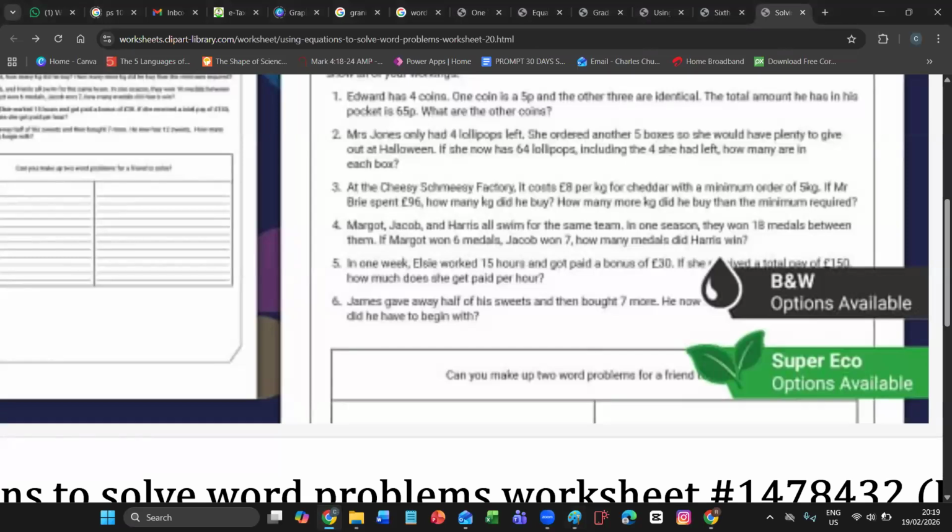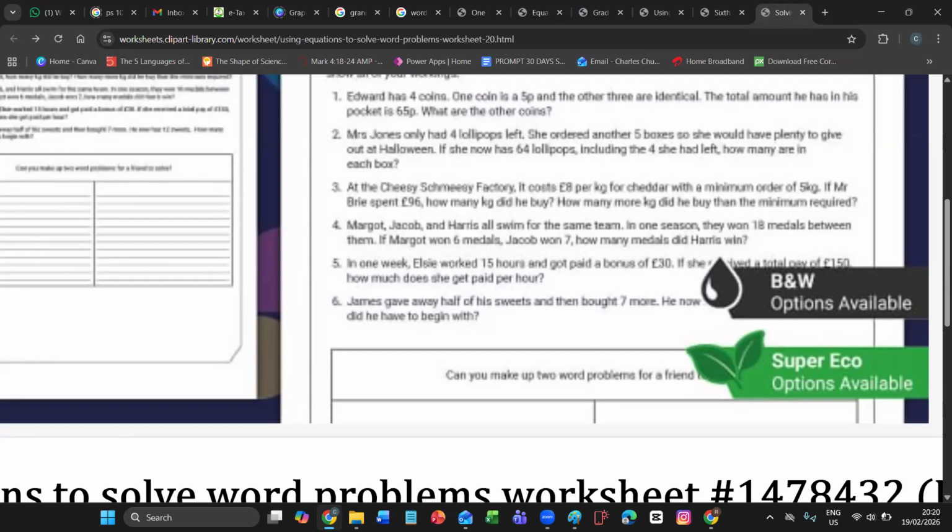It says at the cheesy, I can't really say that. But anyways, factory, something factory. It costs £8 per kilogram for cheddar with a minimum order of 5 kilograms. Okay, because it looks like this one already has some figures that are dependent on each other.